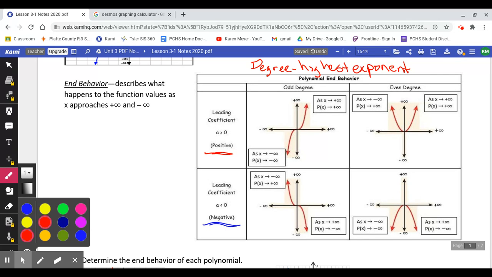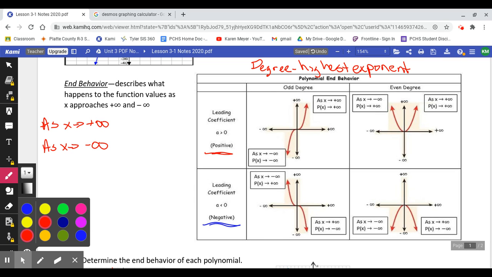So basically what you're writing for an answer is end behavior. You will always have "as x approaches positive infinity" and "as x approaches negative infinity," using a little arrow for approaches. Those two parts are always going to be set.